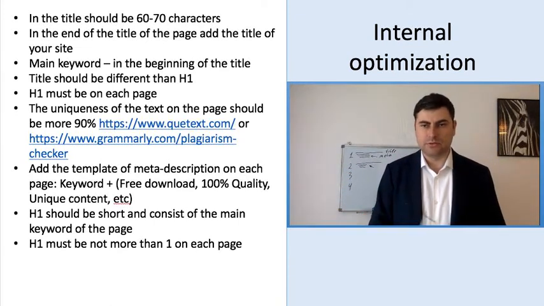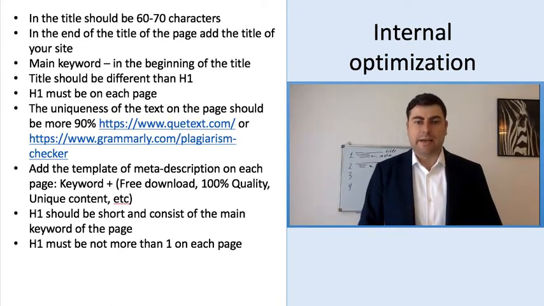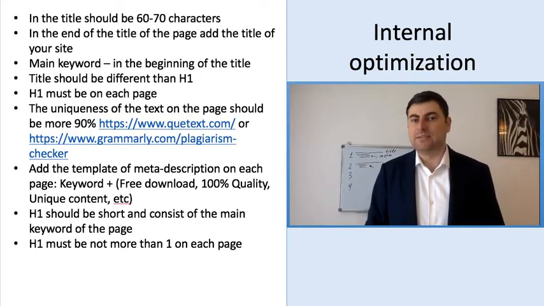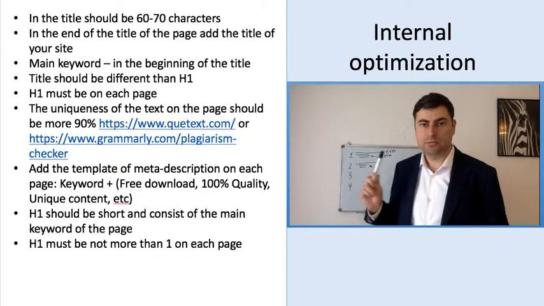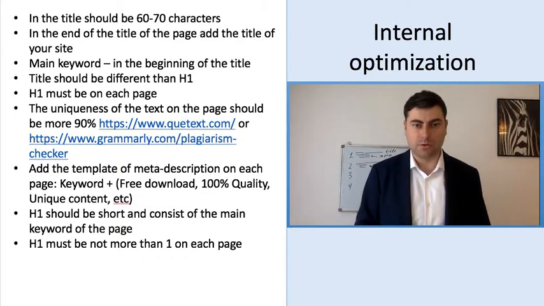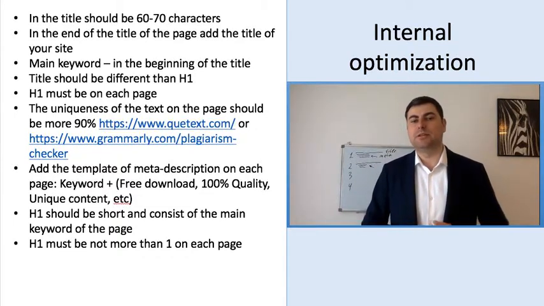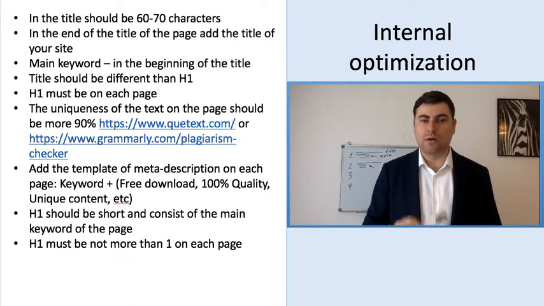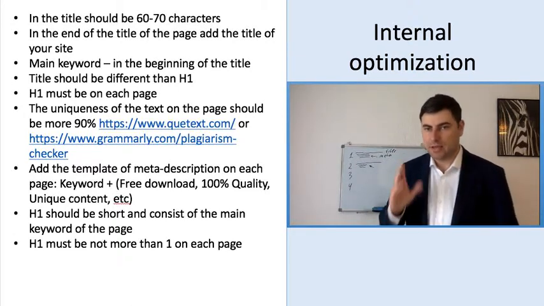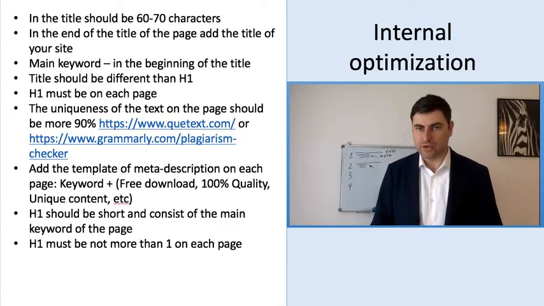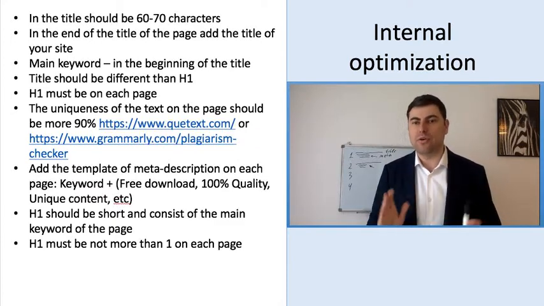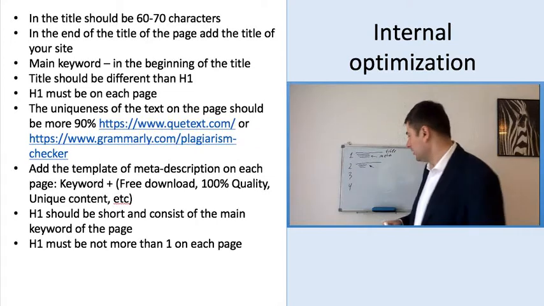Okay, understood. The H1 tag should be short and consist of the main keyword of the page. I already explained it, so go on. There must be no more than one H1 on each page. Yes, as I told you, H1 should be on each page, but not more than one H1.